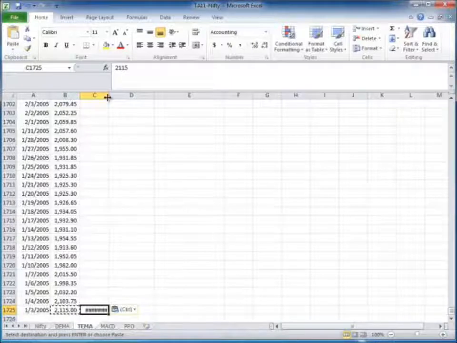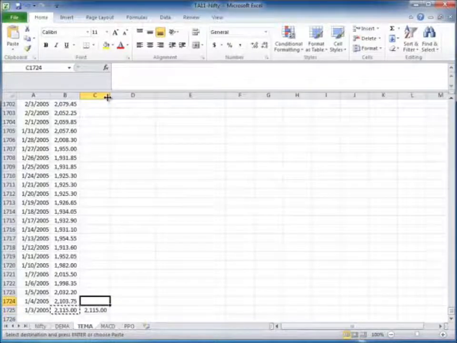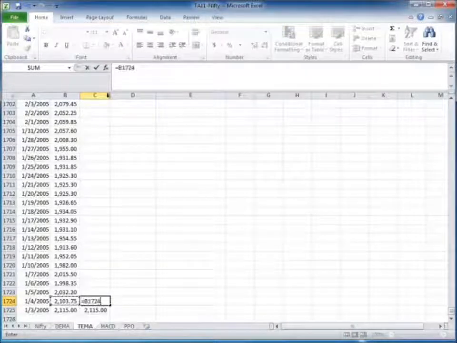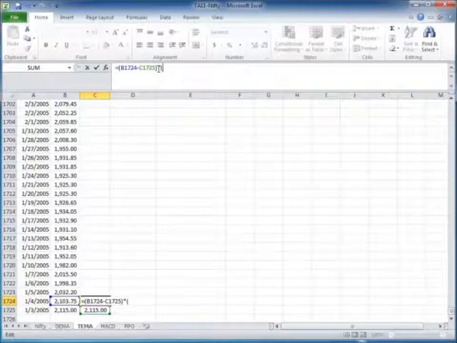Copy this one value across, and then I simply take the EMA is equal to the price minus the previous day's EMA, times 2 divided by the number of days, which in this case will be 20, plus 1, and then plus the previous day's EMA.